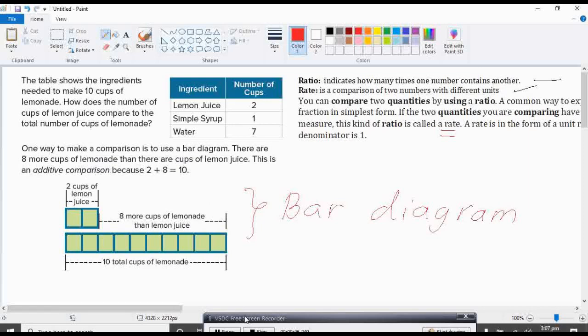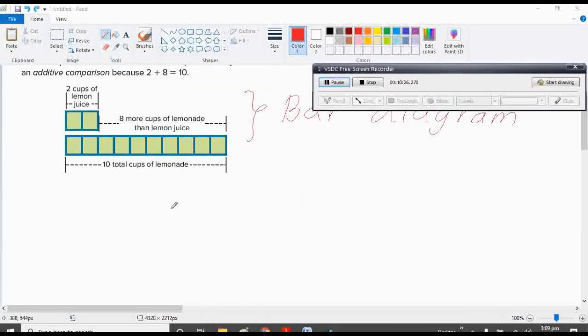If we simply apply this for other amounts of lemonade that we need, it's okay. Since you have 2 cups of lemon juice, it will give you 10 cups of lemonade. If you have 3 cups of lemon juice, the lemonade will be 15. And if you have 4 cups of lemon juice, you will have 20 cups of lemonade.